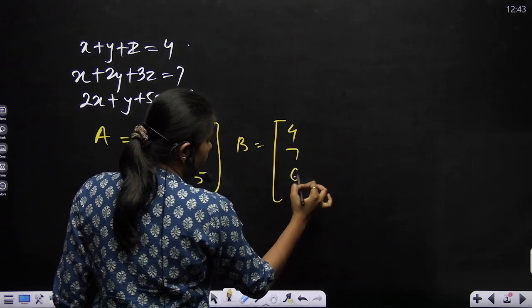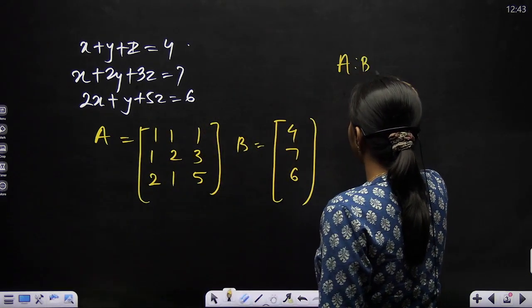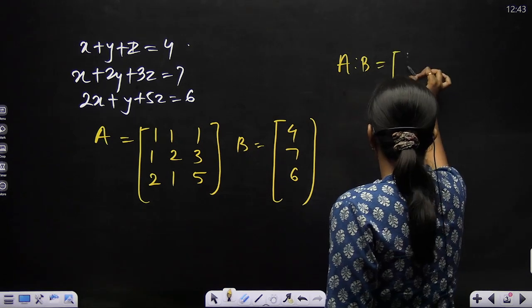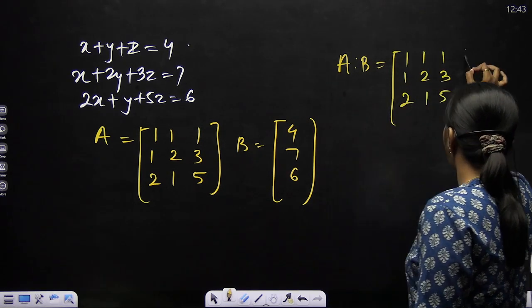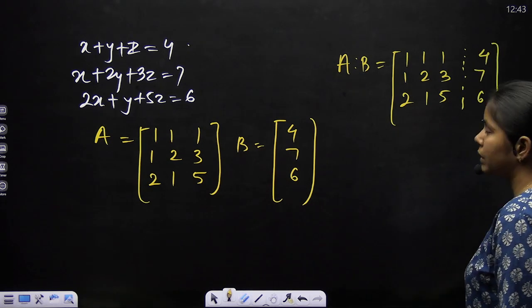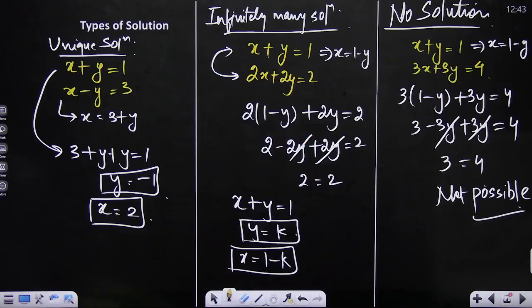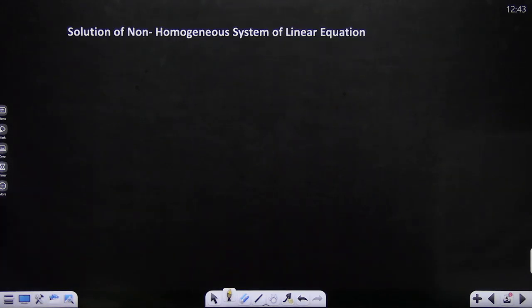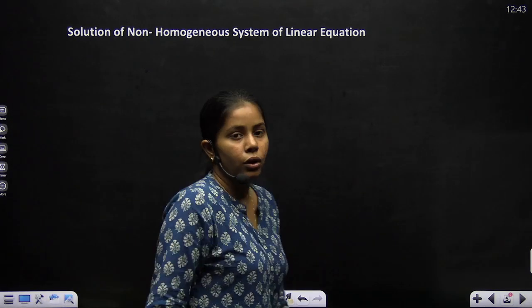The augmented matrix, A augmented B, would be 1, 1, 1, 1, 2, 3, 2, 1, 5, and the right side would be 4, 7, and 6. This would be your augmented matrix, A augmented B.